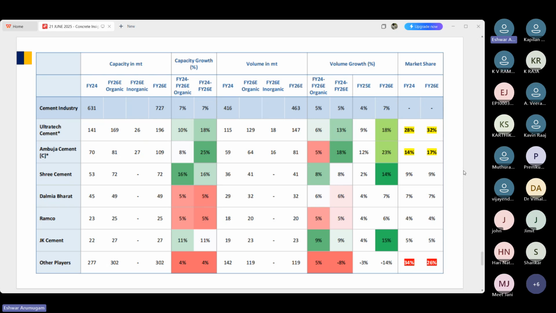It should lead to better pricing discipline from here on. If we also look at the other players, their share is set to reduce from 34% to 26% in these 2 years. So a lot of uncompetitive players are expected to get out of the market. This is largely our expectation.